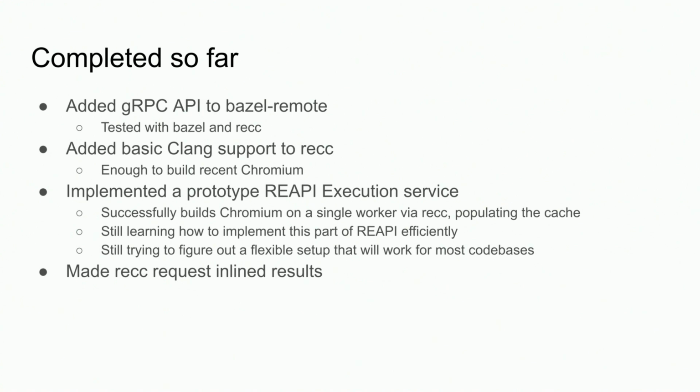So I have a prototype REAPI execution service. This is just enough to successfully build with a few bugs, but if I rebuild enough times, I can populate the cache. I'm still learning this part of the API, but it's much smaller than the cache API, so I'll get there soon. And I've made rec request inline results, so I can then move on to an experiment.